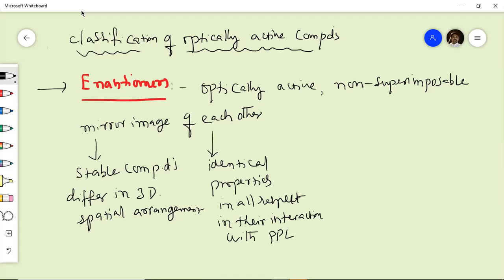And also you can understand that enantiomers are not said to be converted under ordinary conditions.